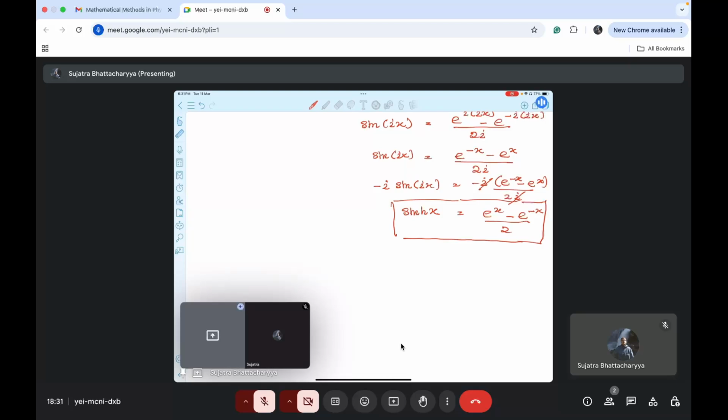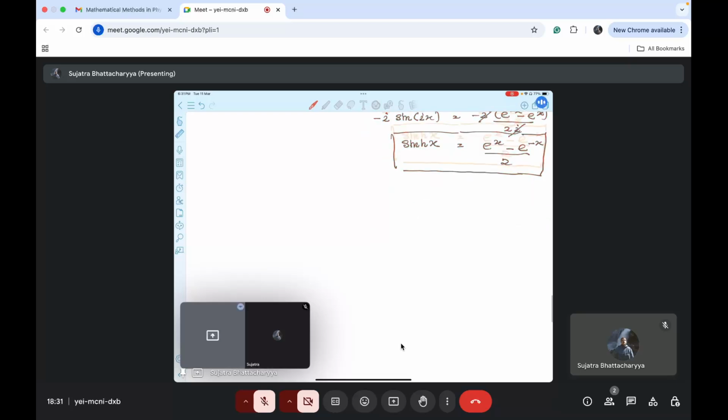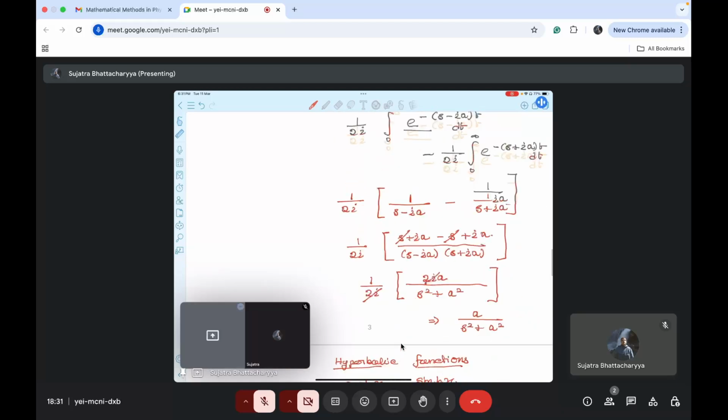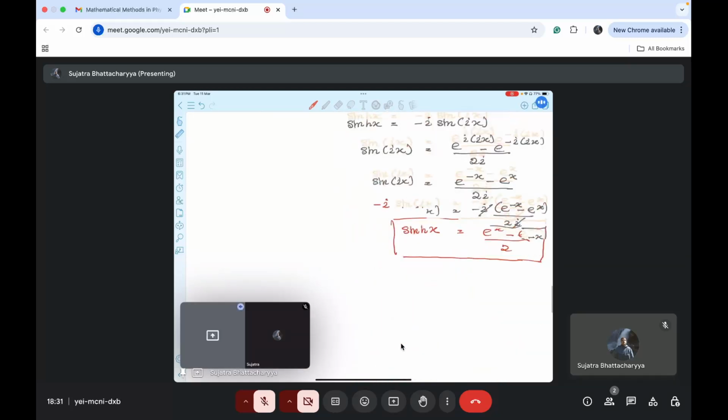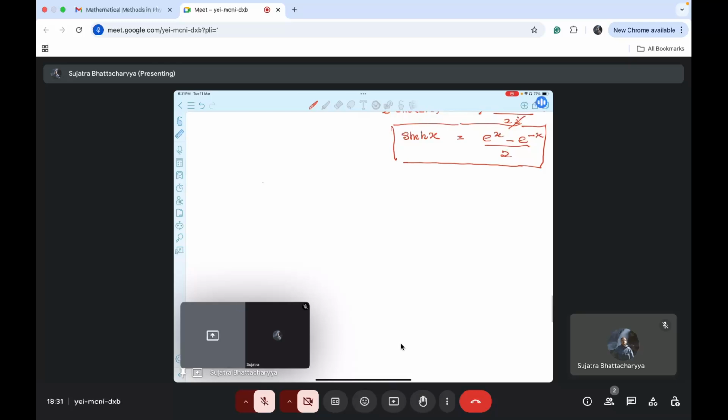Okay, so let's do it and then we will see, maybe move to the next part. Up to what number did I give? So at 5. So the sixth one is about the Laplace transform of cos hyperbolic, let's say, at.